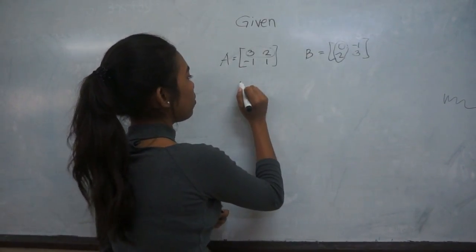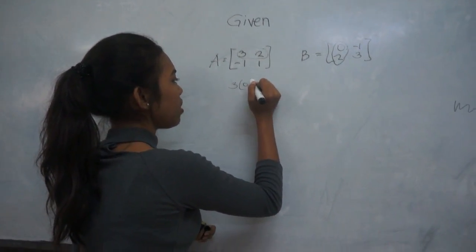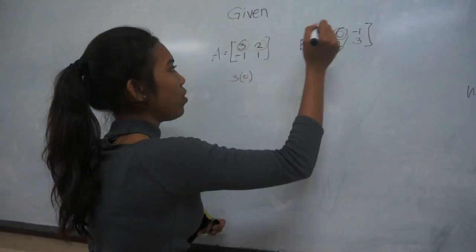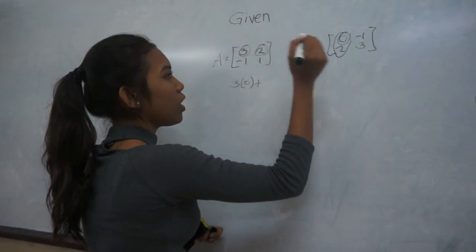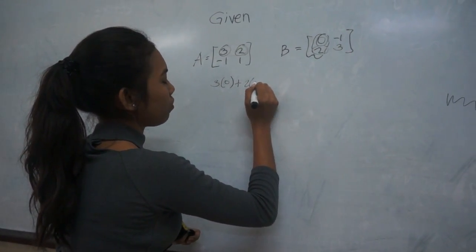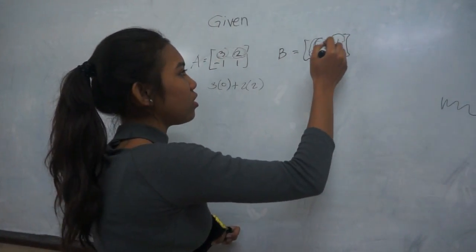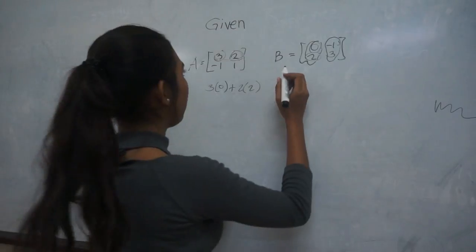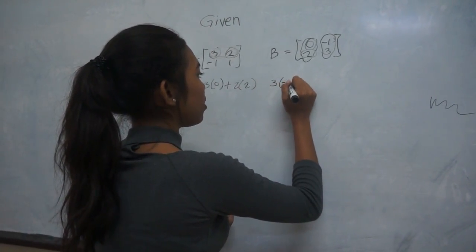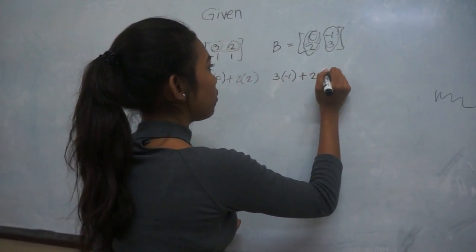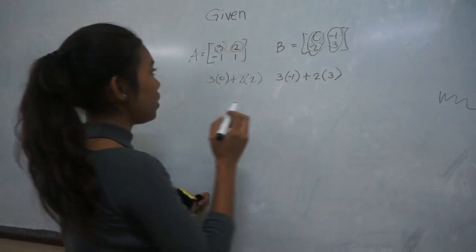So, here it goes. 3 times 0 plus 2 times 2. Next is this row to the second column of matrix B. 3 times negative 1 plus 2 times 3.